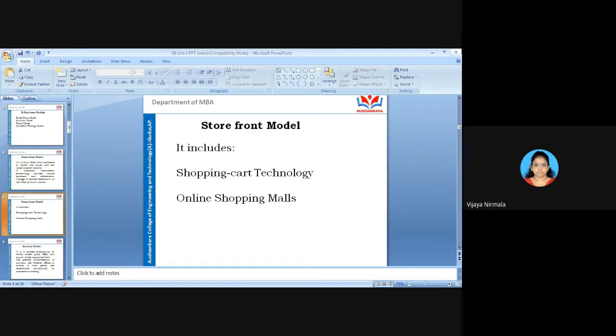Amazon.com uses a database on the server side, that is the merchant's computer system, and allows customers on the client side, that is the customer's computer, mobile, or some handheld device, to search for products in various ways.